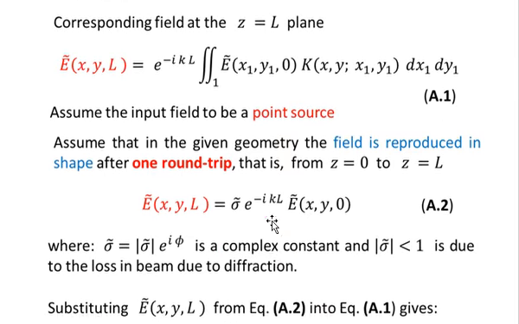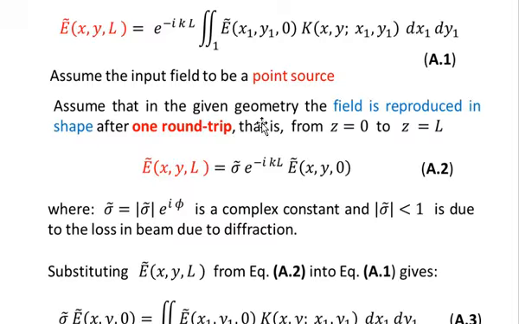So let's move forward. Assume that in the given geometry the field is reproduced in shape after one round trip. And here one round trip means from z is equal to 0 to z is equal to capital L, that is just before the lens 1 to just before the lens 2. That will form one round trip, because after that the field will reproduce itself.